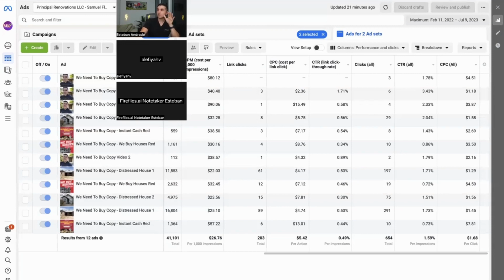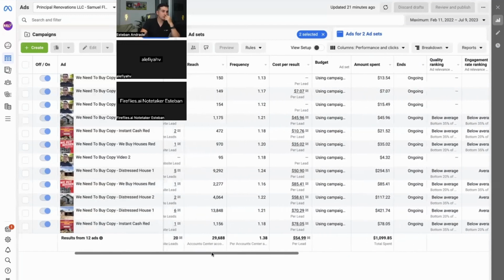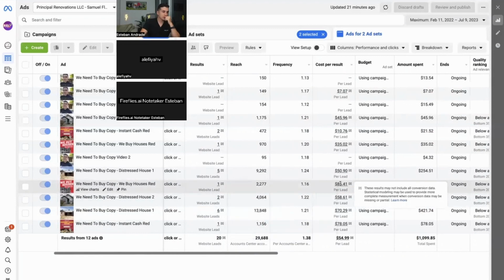And it tells you the average amount of money you spend for each click, no matter where they clicked. And here, for these house ads, it's 1.45, which is cheaper than the rest of the other ones. Because we didn't spend much money, we didn't really have enough data to follow. But as you can see, this one, for example, was a little bit more expensive, but maybe the lead was a little bit better. We don't know.